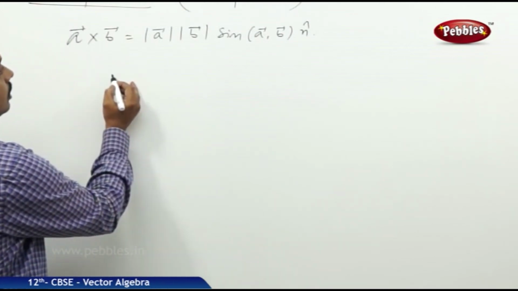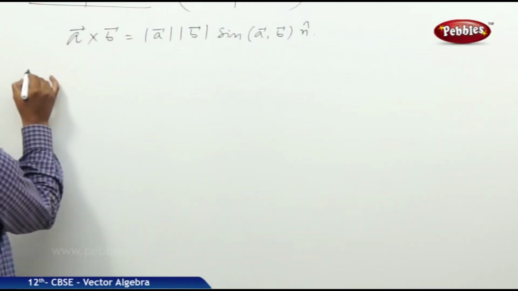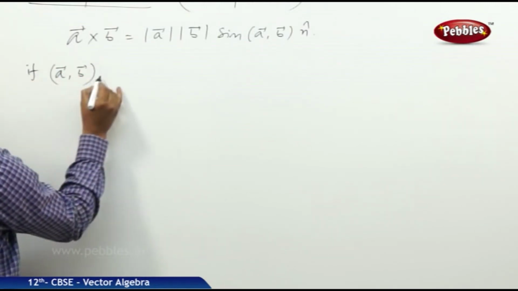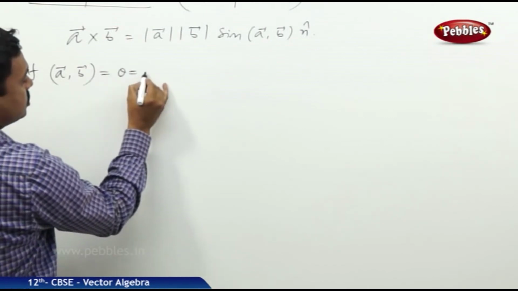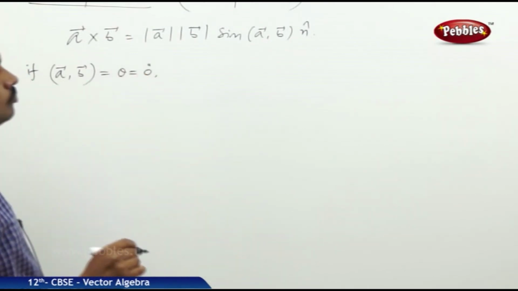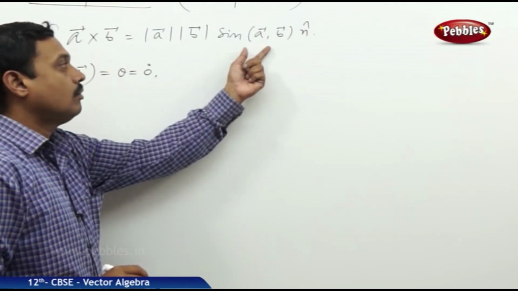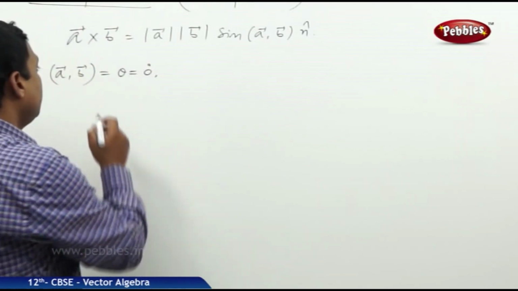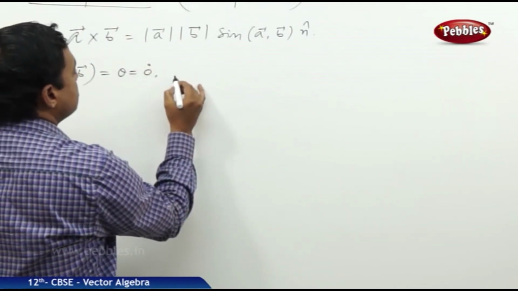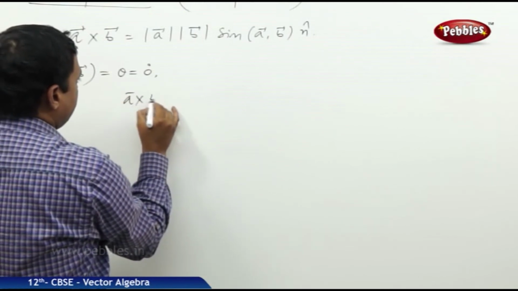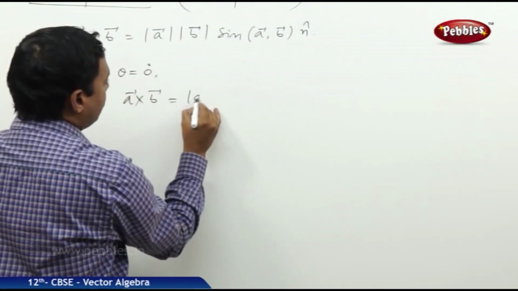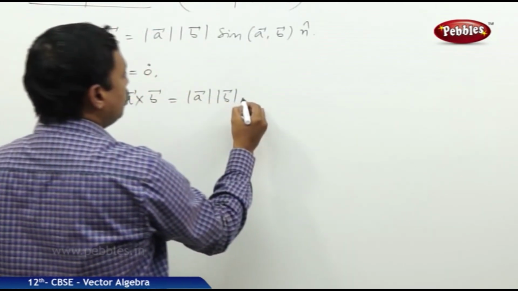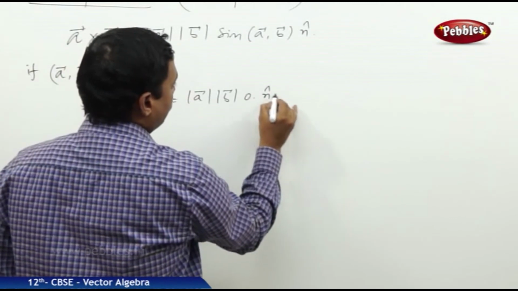Now, suppose the angle between the two vectors A bar comma B bar, theta, is equal to 0 degrees. When is the angle between two vectors 0? If they are collinear vectors. So when the two vectors are collinear, what happens? A cross B is equal to modulus of A into modulus of B into sin 0, which is 0, into n cap.